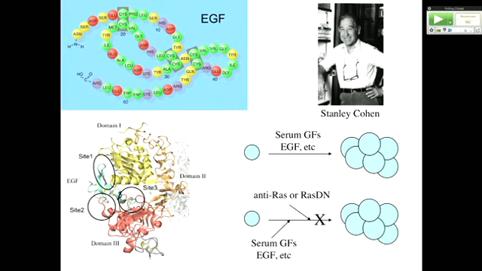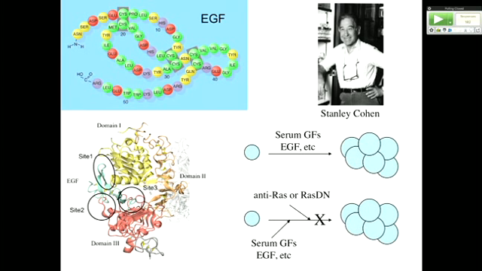Were they part of the same pathway? And to answer that is the same way we've answered all the other ordering issues. We know that if we add the growth factor to cells, they'll divide. If we add the growth factor to cells and block RAS function, will that block the growth factor-induced cell division? And the answer is yes.